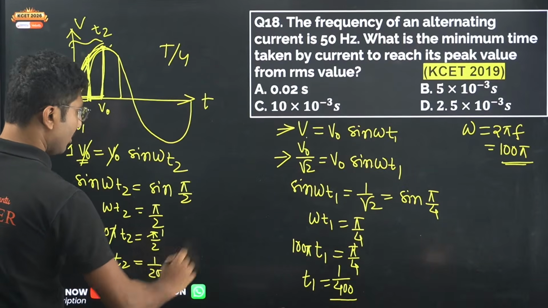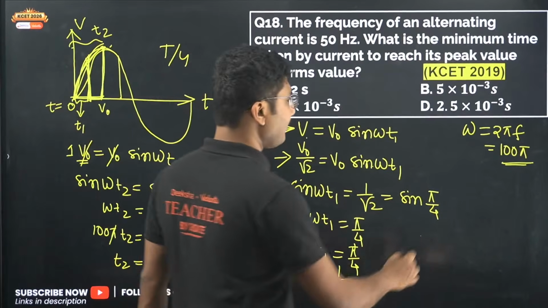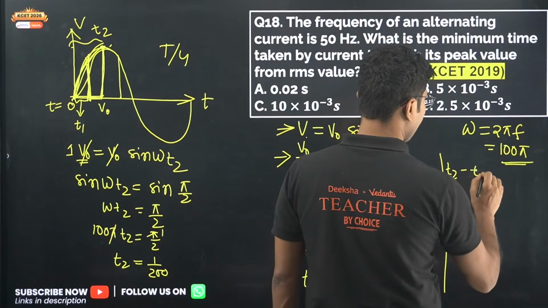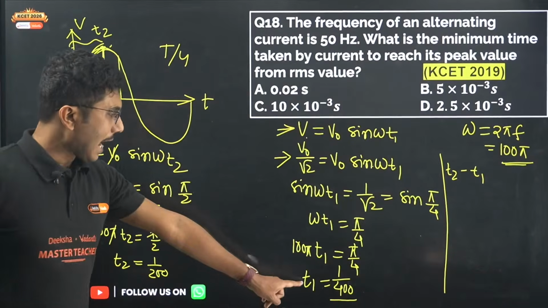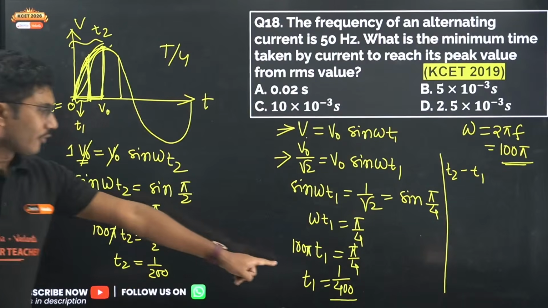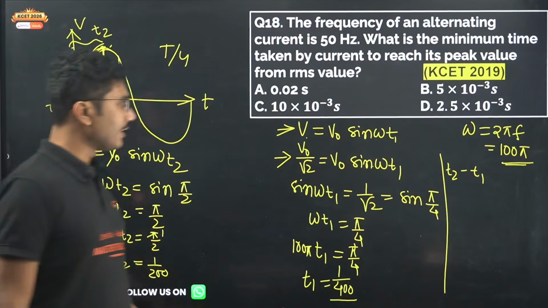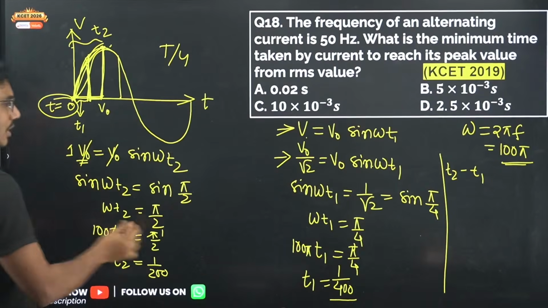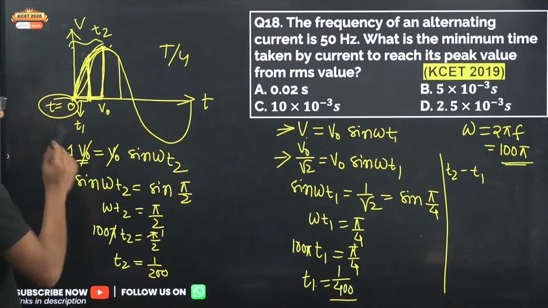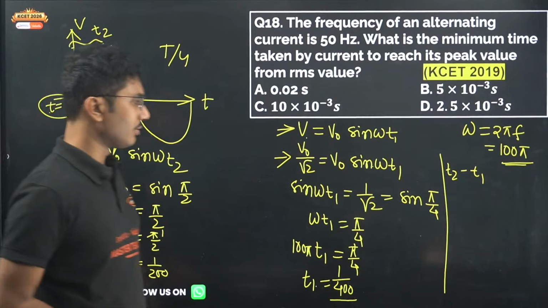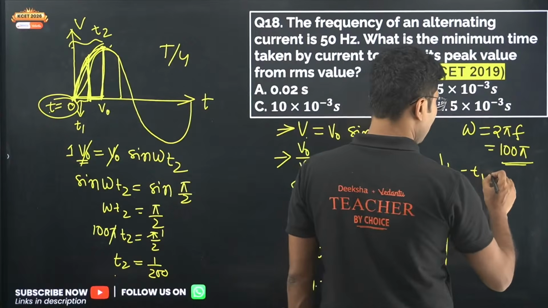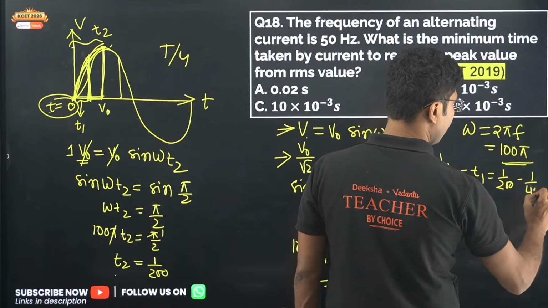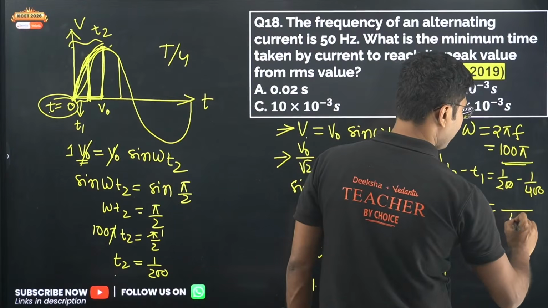Okay, so what is the difference in time that we are trying to calculate? t2 minus t1, from RMS to peak. In this case both are measured starting from t equals 0. So t2 minus t1 is 1 upon 200 minus 1 upon 400, which will be 1 upon 400.